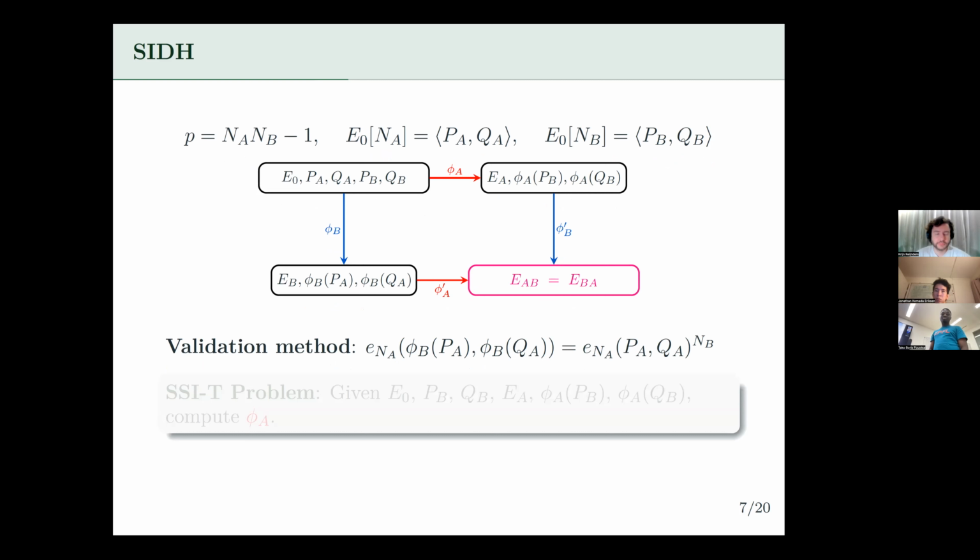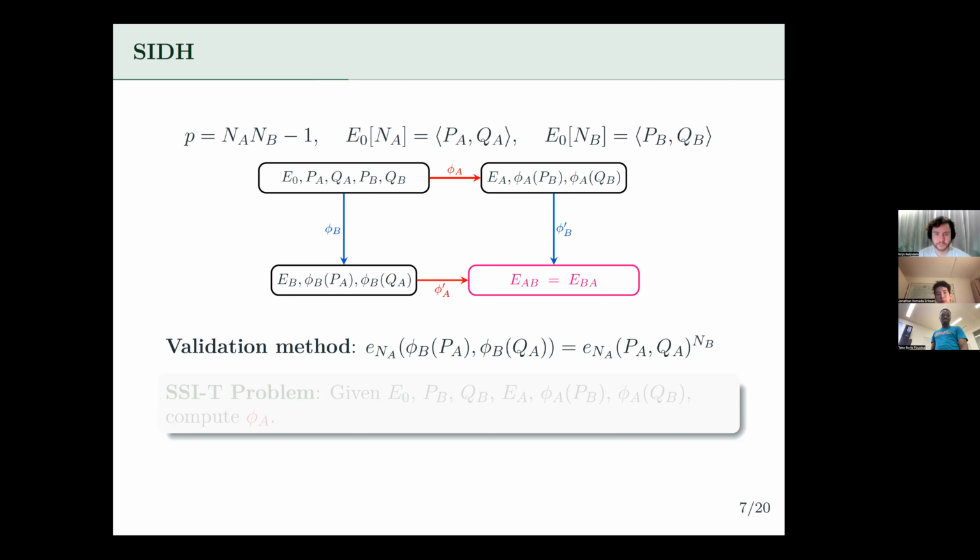Note that pairings only help you to verify up to some degree that the public keys are somehow compatible, but they don't tell you that the public keys were well computed. And this is why you will see that this validation does not validate the key correctly. It only tells you that the key is conform with the pairings, but it is not a tool to validate public keys in SIDH as one would like to validate them.